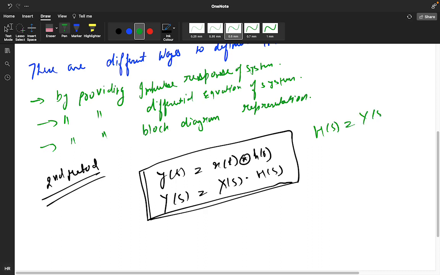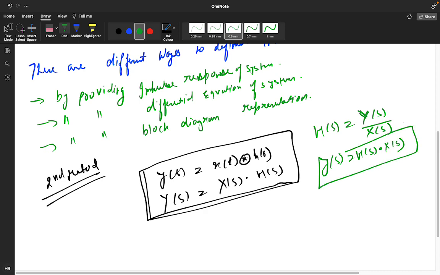Transfer function means output upon input Laplace transform, so output Laplace transform divided by input. So you need to get the output, so what you will do? H of s into x of s, right? So this is multiplied. But if you want to get into the time domain, so for y of t, multiplication will become convolution: h of t convoluted with x of t, right?